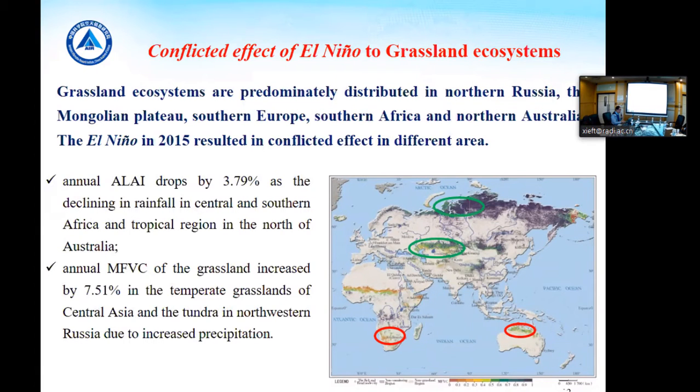The annual MFVC of the grassland increased by 8% in the temperate grassland of Central Asia and the tundra in northwestern Russia due to increased precipitation.